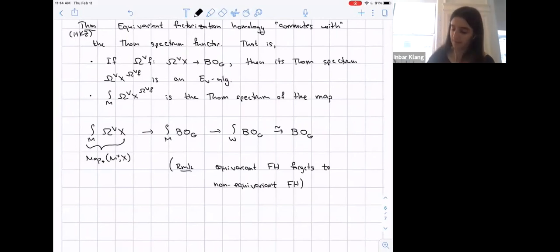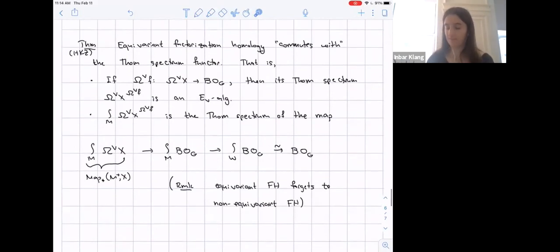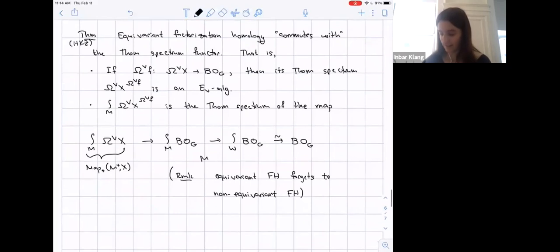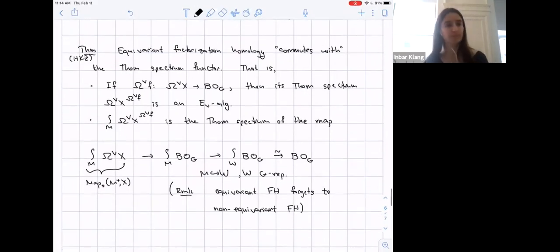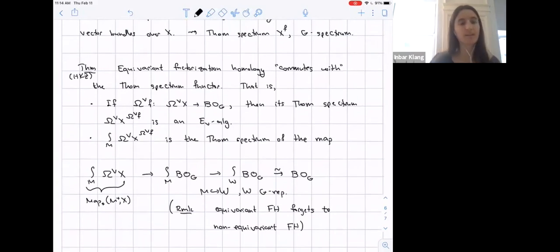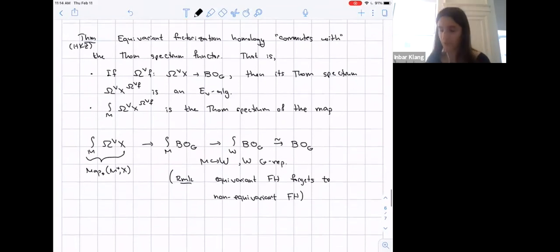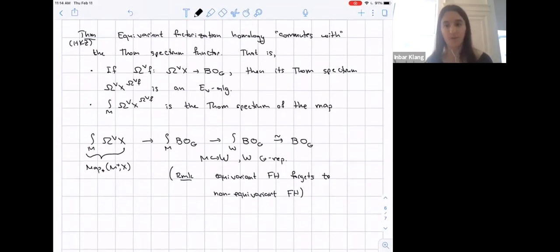Right, so here this factorization homology with coefficients in this spectrum is also a Thom spectrum of some map. So it's going to be a map from this mapping space into BO, which is given by functoriality, and then embedding M into some large dimensional G representation. All right, so this is the theorem about Thom spectra.